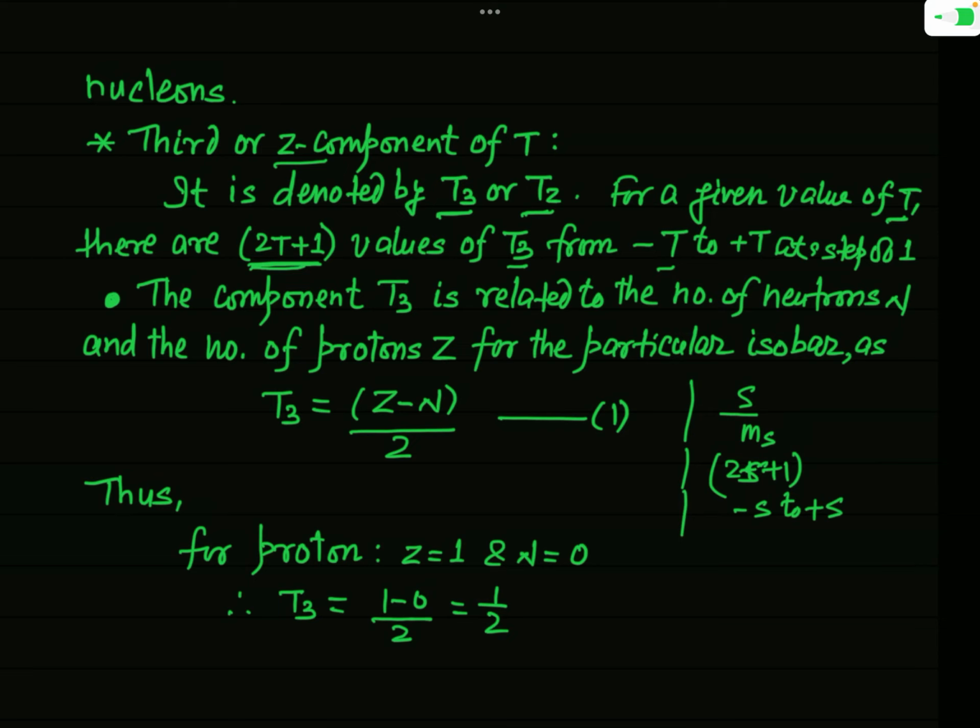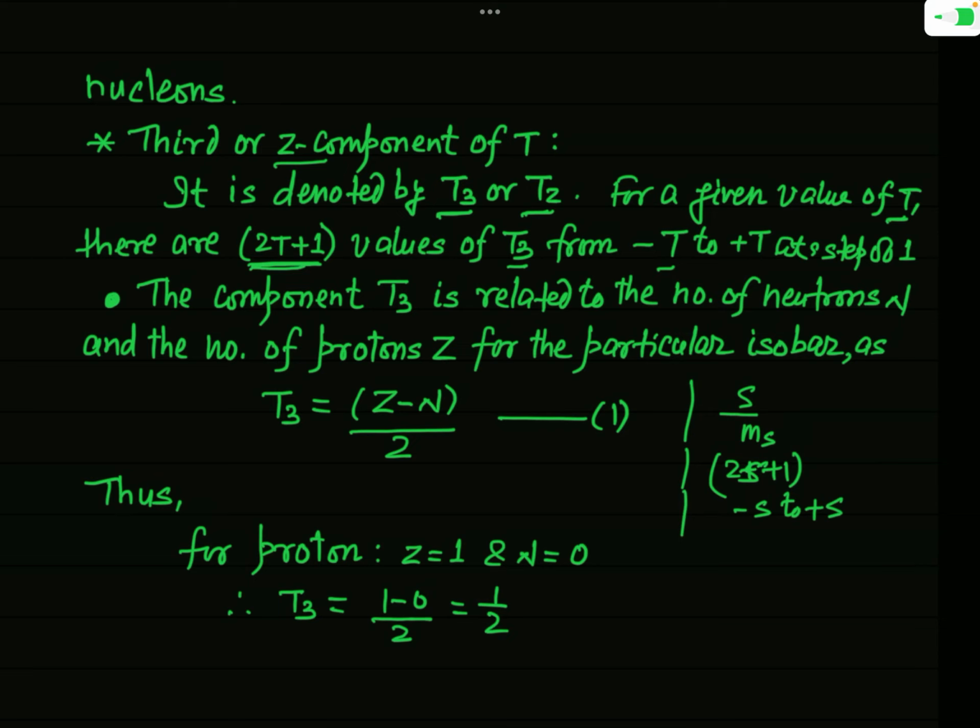In fact, there are several ways to find the value of T3. I have discussed here only one method, but in nuclear physics, we also represent this T3 in terms of a matrix, and in terms of that matrix, we can evaluate the value of T3. But here I am giving you a simple formula.